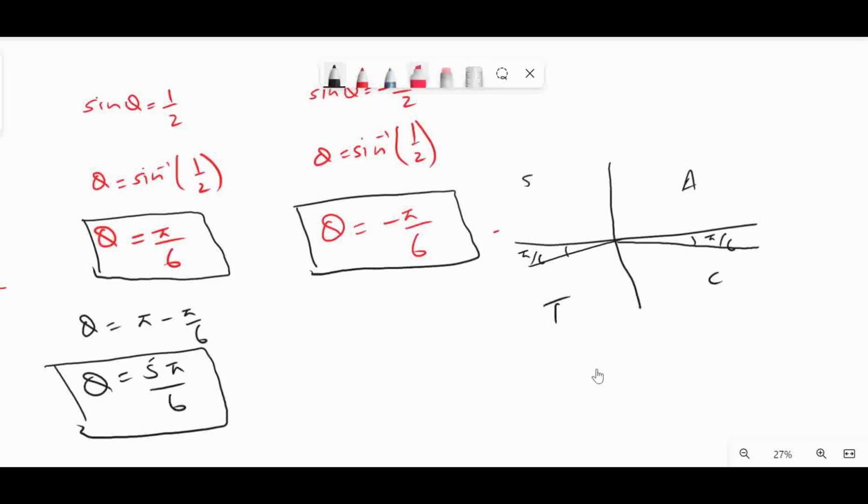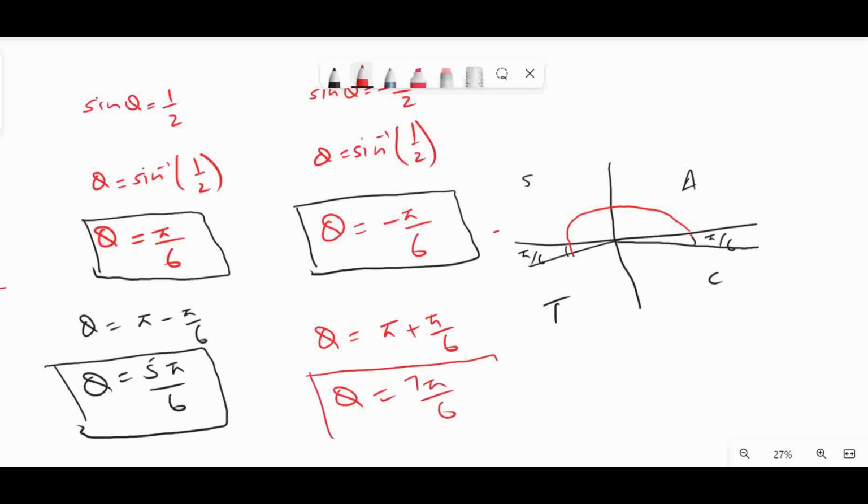How can we find them? This is pi by 6, this is the one answer, negative pi by 6, and this whole angle, theta, will be equal to pi plus pi by 6. So theta will be equal to 7 pi by 6.